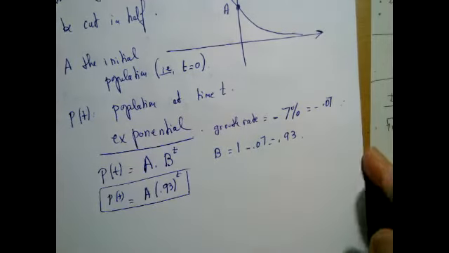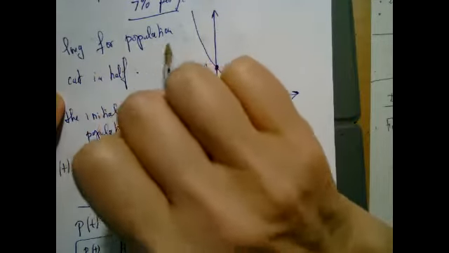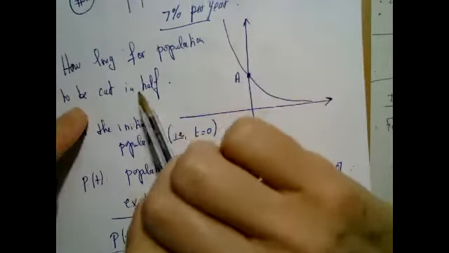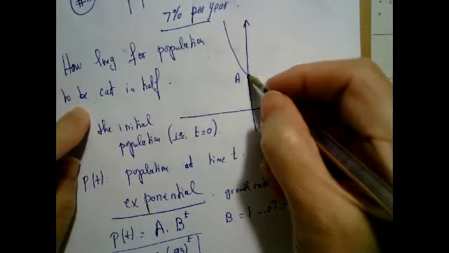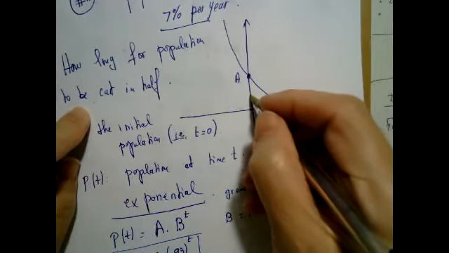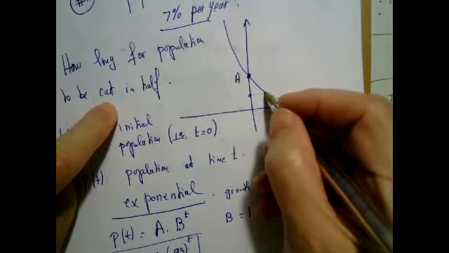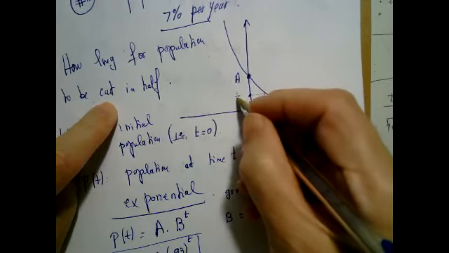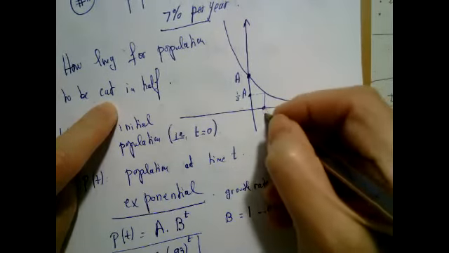Don't worry about A. Now what's the question? How long for the population to be cut in half? It means the population is A, and how long will it be to be cut in half? It means how long it would be to become half what it was. That's the time.